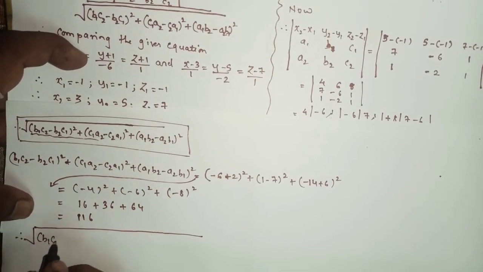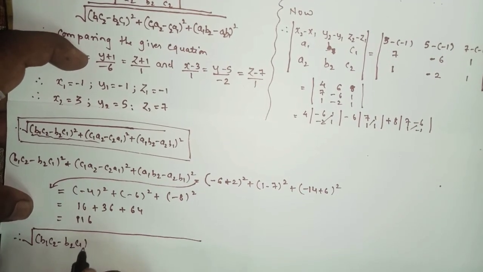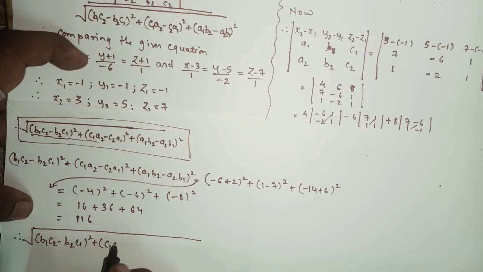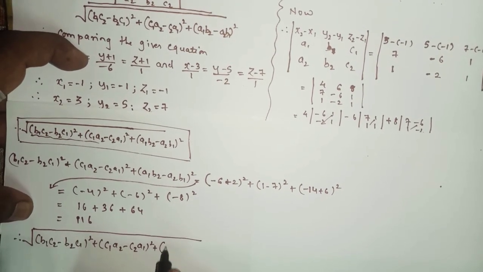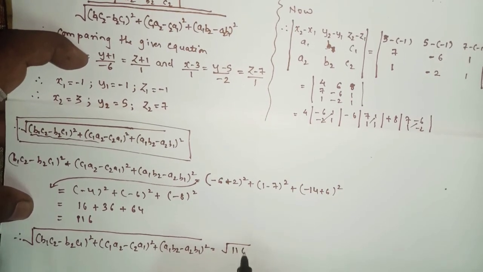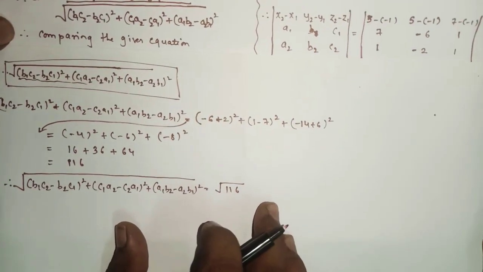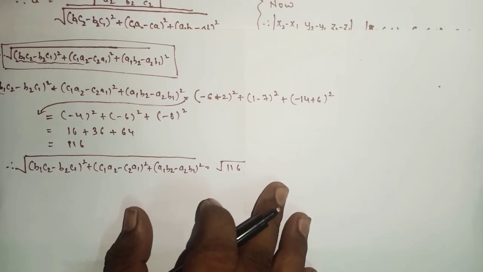So this will be b1 c2 minus b2 c1 the whole square plus c1 a2 minus c2 a1 the whole square plus a1 b2 minus a2 b1 the whole square. So here we got the answer, root 116. Done with the numerator and the denominator section. Now we'll write the formula and substitute the value.